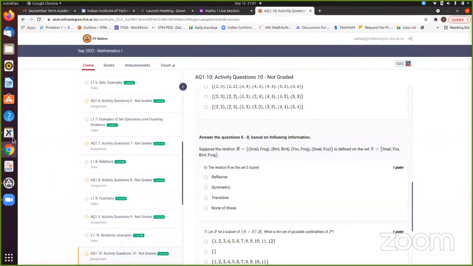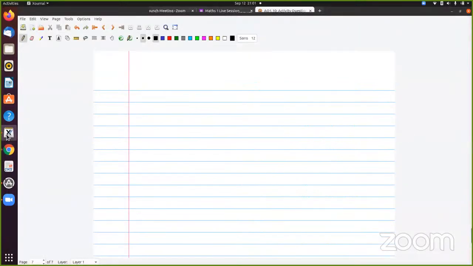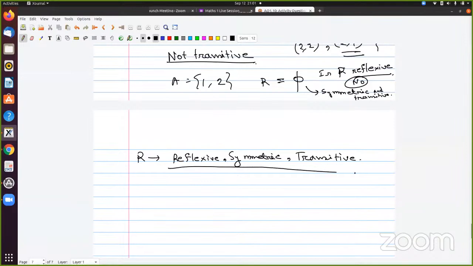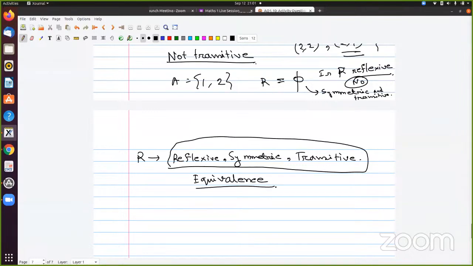Now when a relation is reflexive, symmetric, and transitive all together, what is it called? Equivalence relation. Okay.